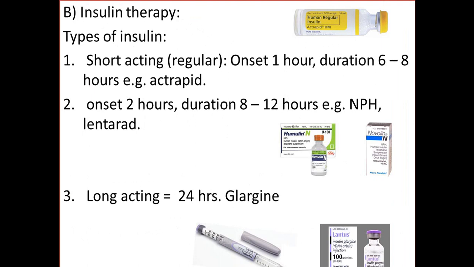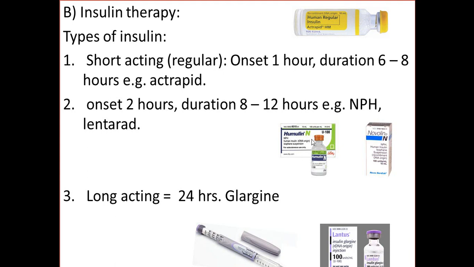We have to know the types of insulin. How many types do we have? There are a lot, but we have to remember the 3 types. The commonest type is short-acting, which we call regular, here is the picture, we call it Actrapid, and the onset is within 1 hour, duration 6 to 8 hours.